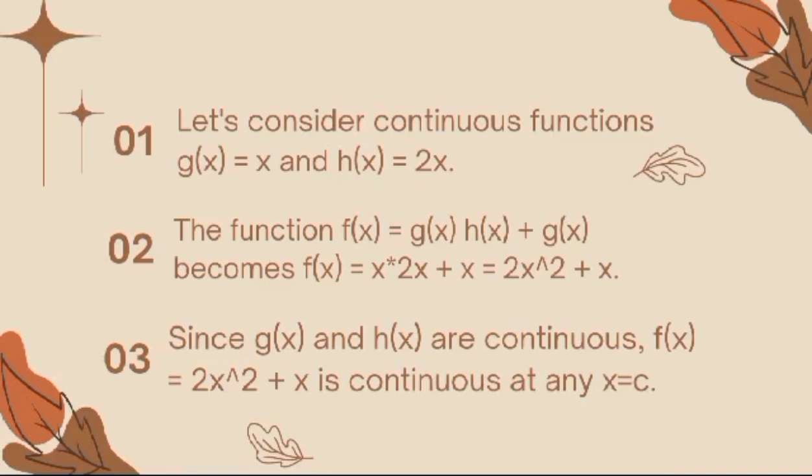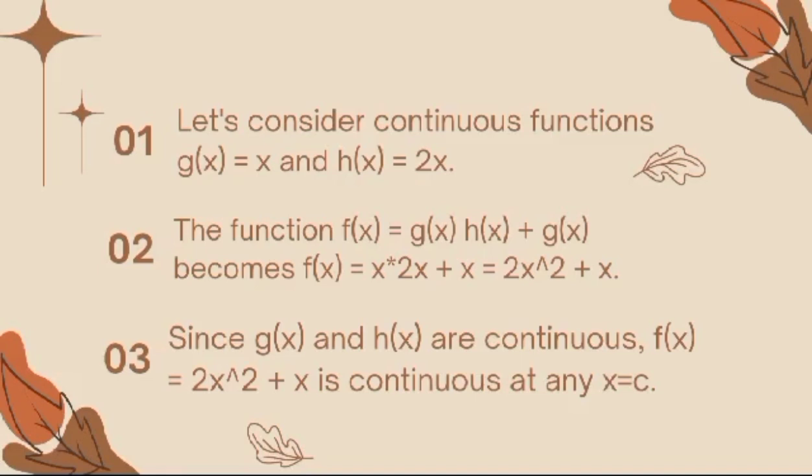Let's consider continuous functions g of x equals x and h of x equals 2x. First, note that g of x equals x and h of x equals 2x are both continuous functions, since they are polynomials and all polynomials are continuous everywhere.